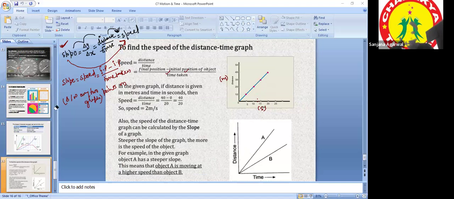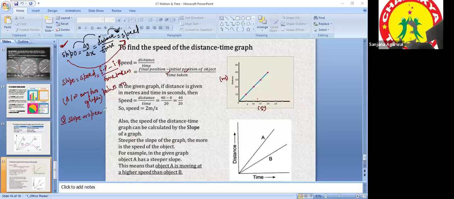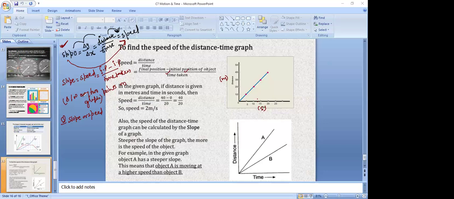I can do one thing for you. Find the slope. Ma'am, what is written after the formula? Here in the bracket, between any 2 points on the graph. Yes, ma'am.